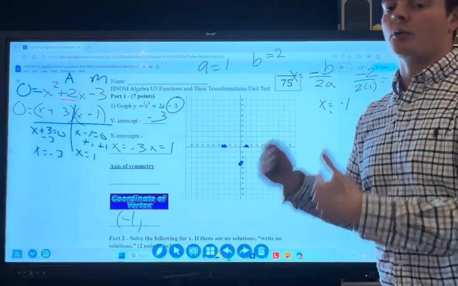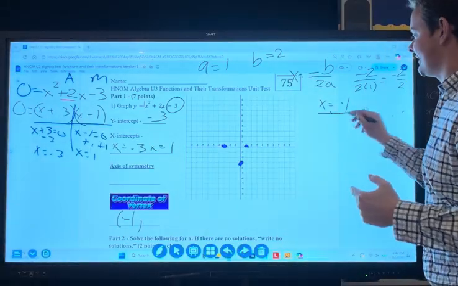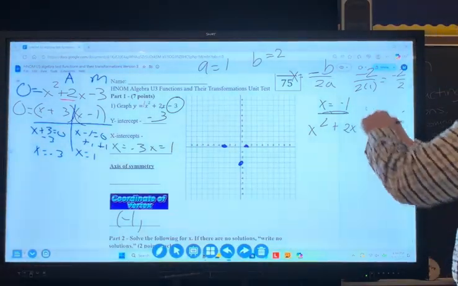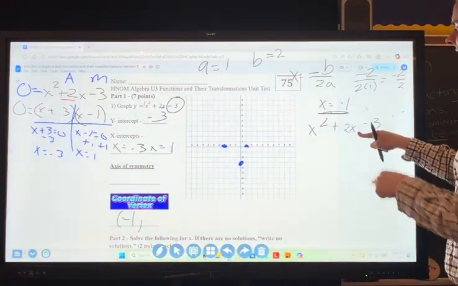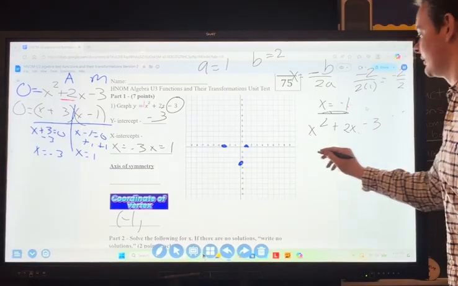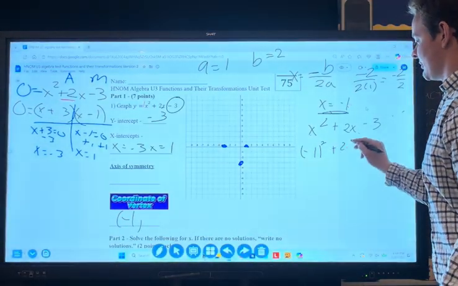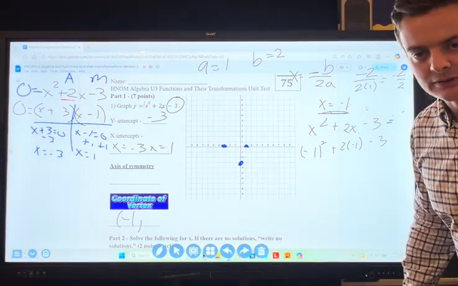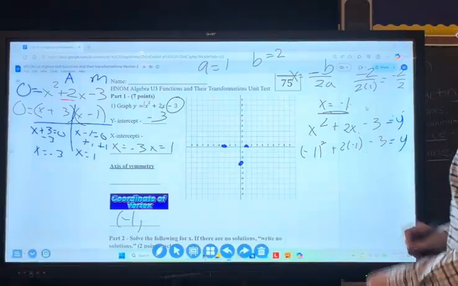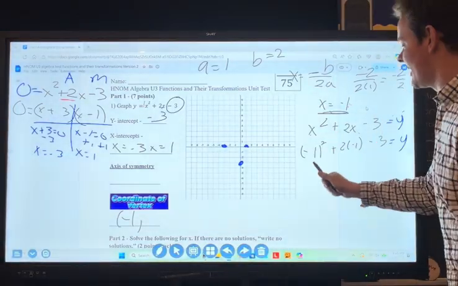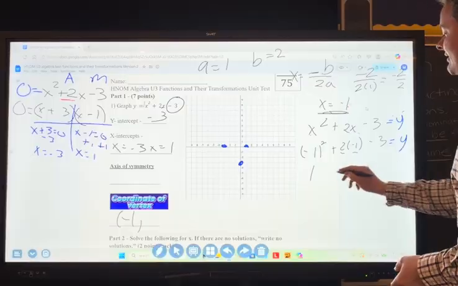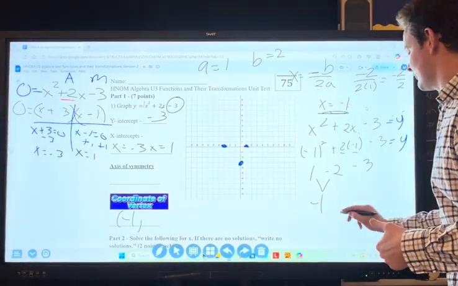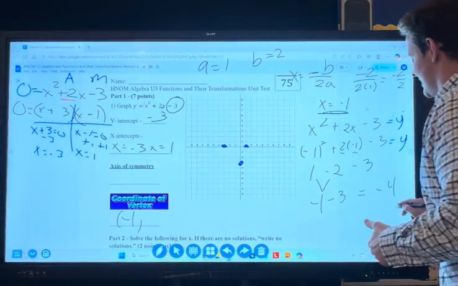However, I still have to find the y. To find the y, I'm going to take this x, rewrite this equation, and wherever I see an x, I plug in -1. So it's -1 squared plus 2 times -1 minus 3. -1 squared, that's +1. 2 times -1, that's -2, minus 3. 1 minus 2 is -1, minus 3 is -4.